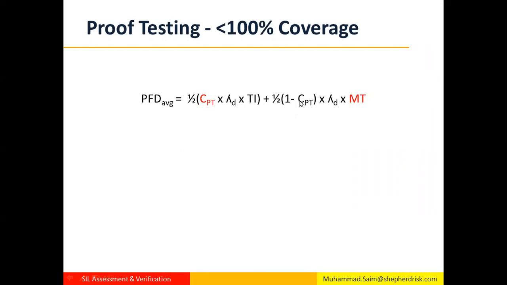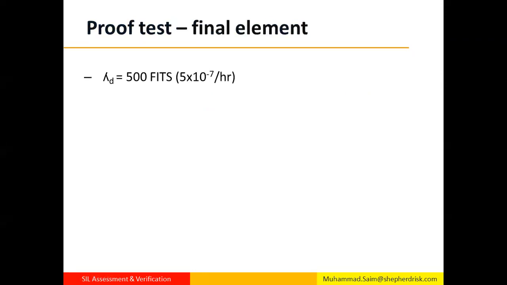And this is represented by the factor 1 minus CPT times lambda D times mission time. Now let's take an example to understand the impact of the CPT on the PFD. So we have a final element with a dangerous failure rate of 500 FITs.